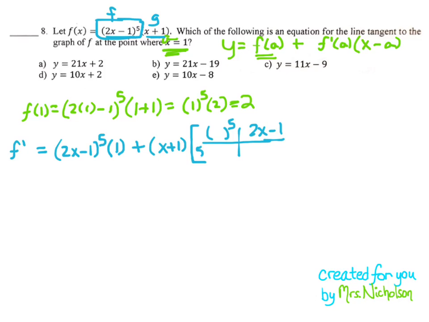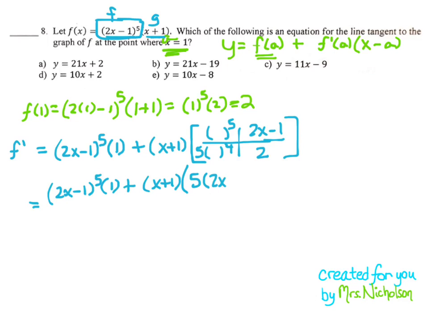So I'm going to do 5 times something to the 4th, and then the derivative of 2x minus 1 is just 2. So this is equal to (2x minus 1) to the 5th times 1 plus (x plus 1) times 5 times something, that something is (2x minus 1) to the 4th, times 2. All right, so there's my derivative.